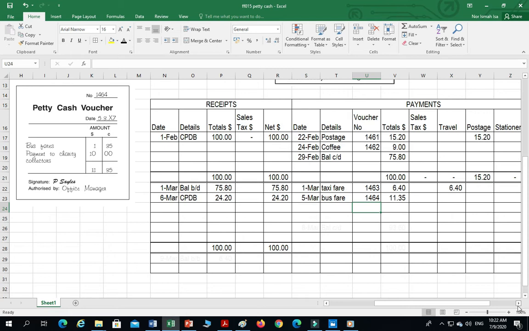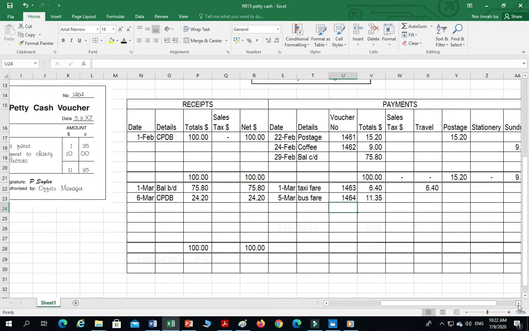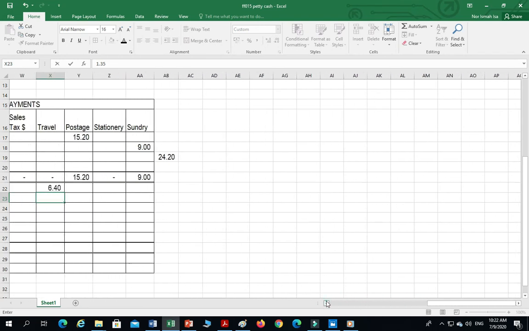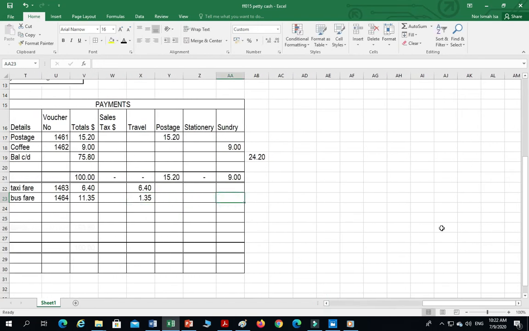The analysis column is, the payment made for travel is $1.35, and for sundry, which is the payment for charity, is 10. Put 10 here.